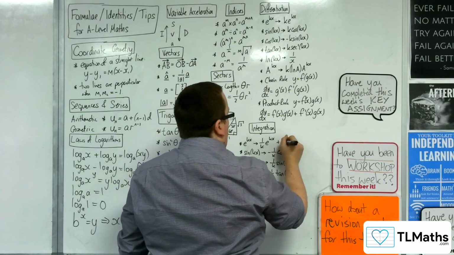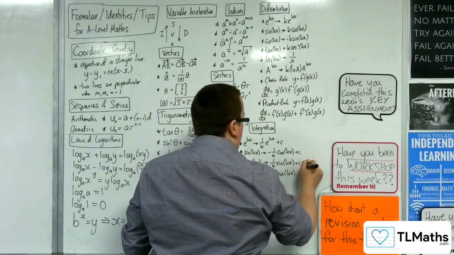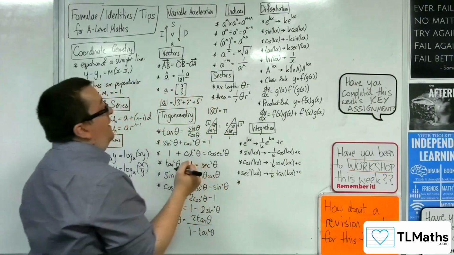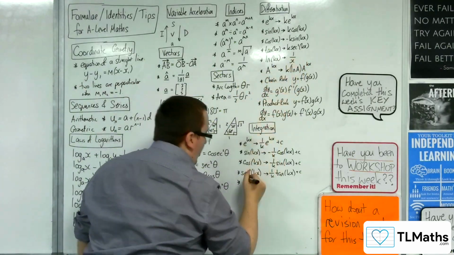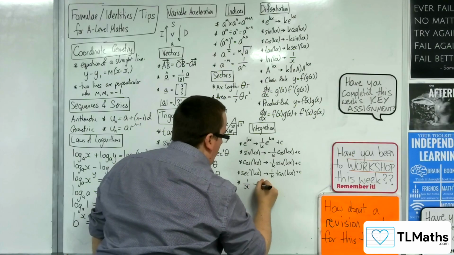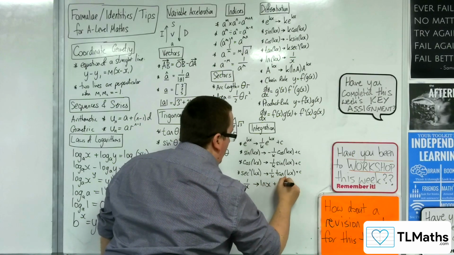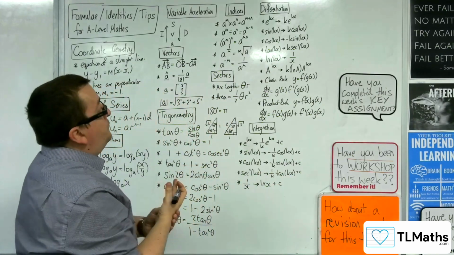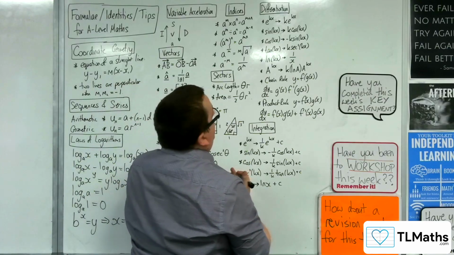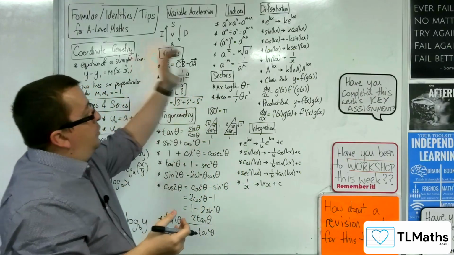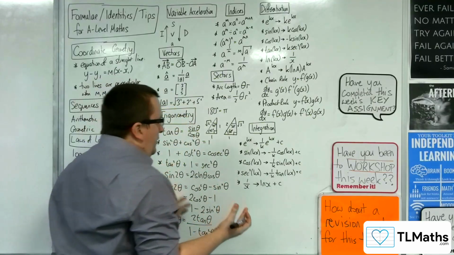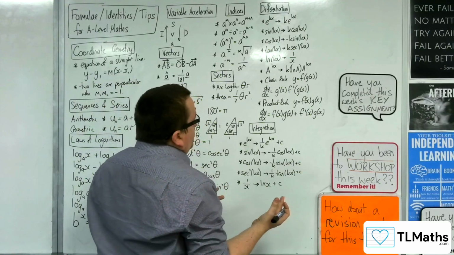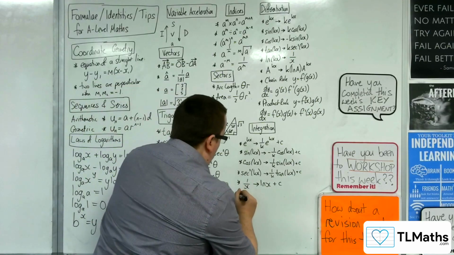You've got the 1 over x. Now, someone's going to shout at me, so I'm going to put in the plus c's before someone puts in a comment, oh, why didn't you put the plus c's in? So we've got 1 over x integrating to natural log of x plus c. Then you could also ask what a to the kx integrates to.